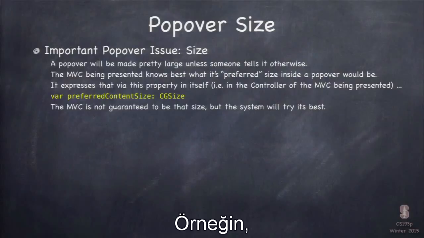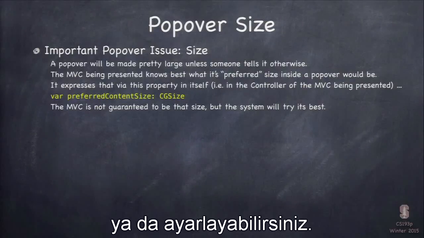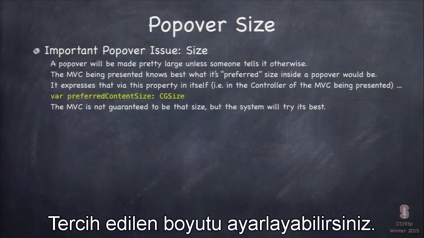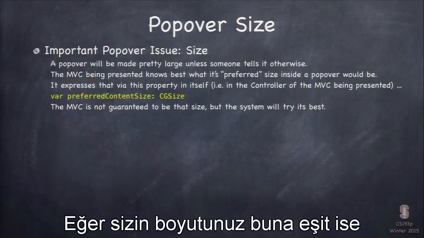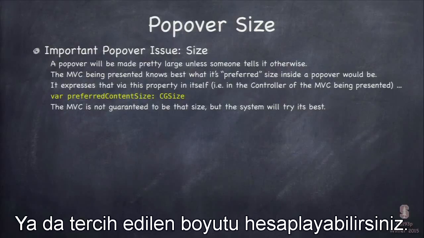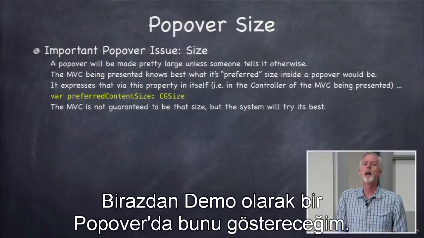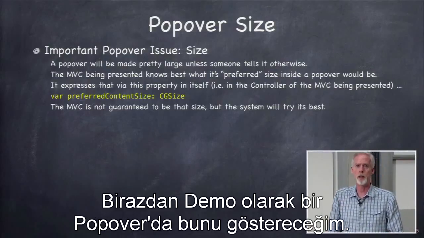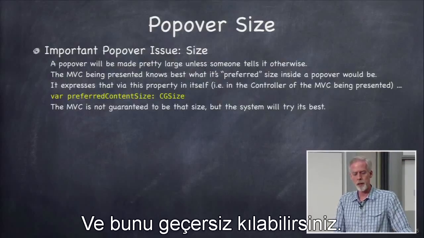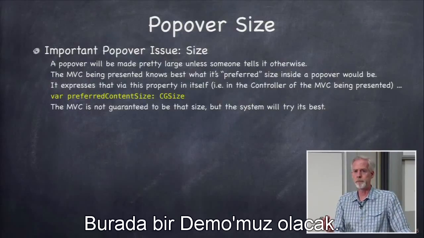You can, for example, override this, okay, override the property and return your preferred size, or you can set, it's a settable property, so you could set your preferred size. If your preferred size is always an exact size, just set your preferred size to that. Or if you have to calculate your preferred size based on what your content is, which you're going to see in the demo that I'm going to show about popovers in a moment here, then you can override it, which is what I did in that demo.